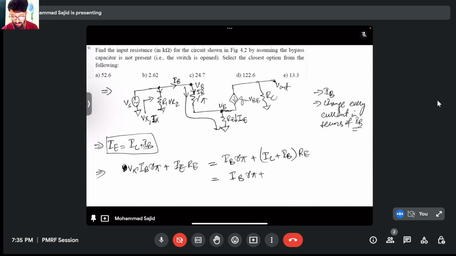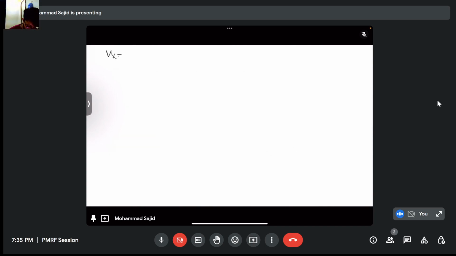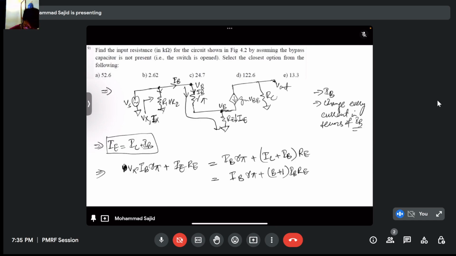So my IC is beta times IB, so it will become beta times IB times RE, right? So my Vx will be equal to IB times R pi plus beta plus 1 times RE, just from the same formula, right? I took IB as common.